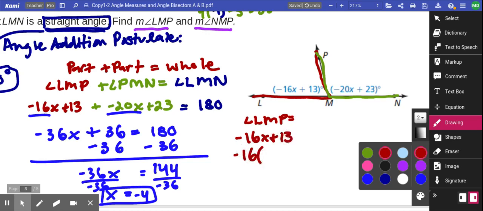Negative 16 times our x, which was negative 4, is going to leave us with 64 plus 13 to give us 77 degrees.